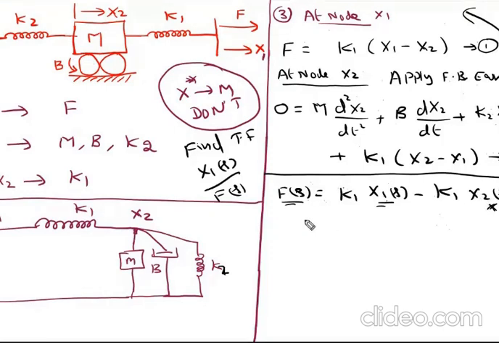So applying Laplace for the second equation, 0 is equal to m into s square plus b into s, Laplace of differentiation gives s square and s, plus k2 plus k1 taking common, into x2 of s minus k1 into x1 of s.